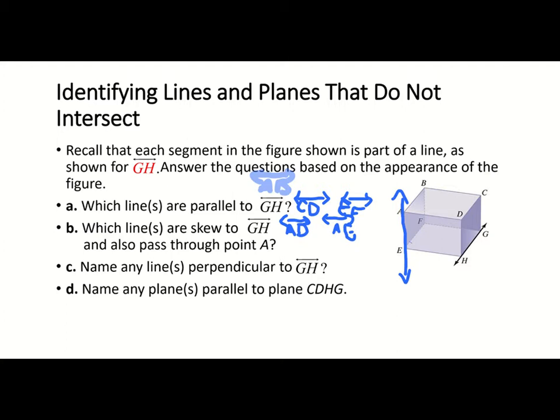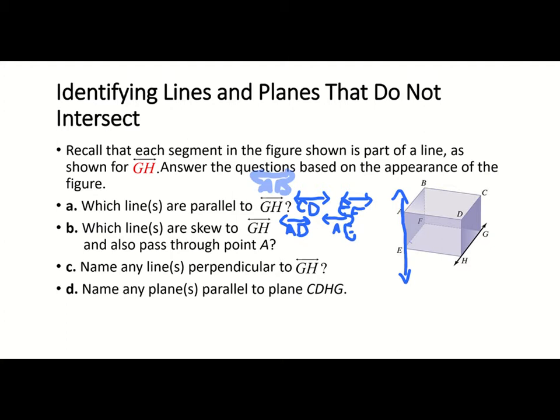Any lines that are perpendicular to GH, so that meet it at a 90-degree angle. And here, again, this is something that we don't like to do, but because it is a rectangular prism, we know that they're going to meet at 90-degree angles. So that means that line DH, let me erase real quick, maybe I won't erase.